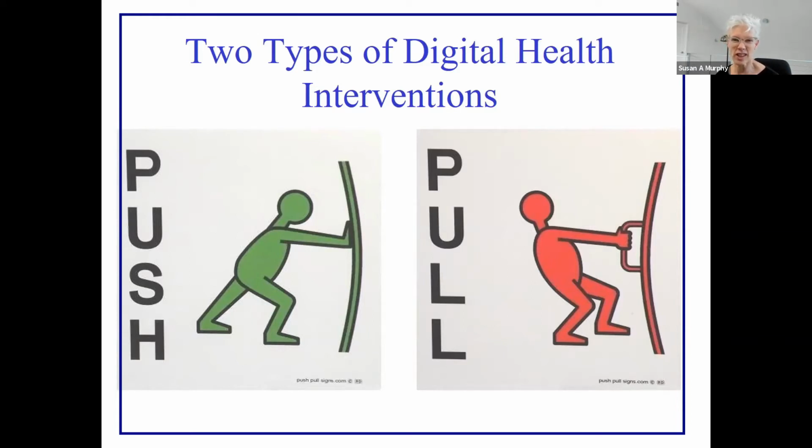The pushes are a little different. Pushes are where, using those sensors or how you've been engaging with the app or the phone, the software on the phone detects that this is a time at which you could use some help for a particular issue. And then the phone or the wearable interrupts you and sends you a notification, pings, whatever.